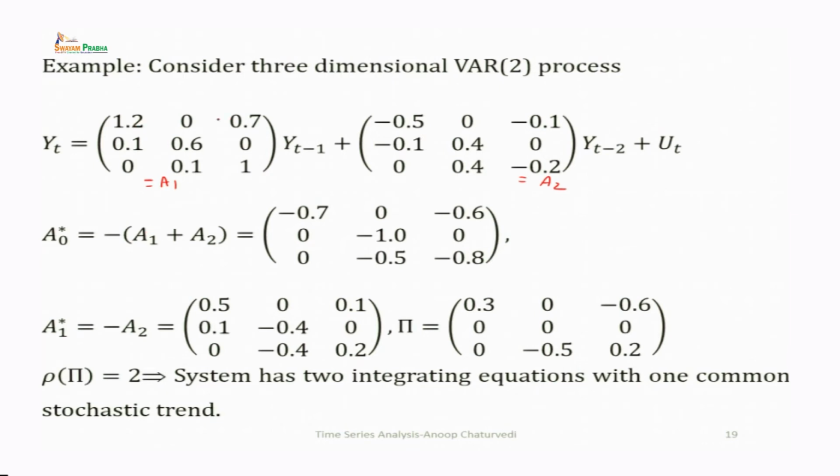So, 1.2 minus 0.5 is 0.7, and then you have a minus sign, so you get minus 0.7 here. Similarly, you get the other elements. Then A1 star is equal to minus A2. So, this is simply you have 0.5, then 0, then minus 0.1 is reduced to 0.1 and so on.